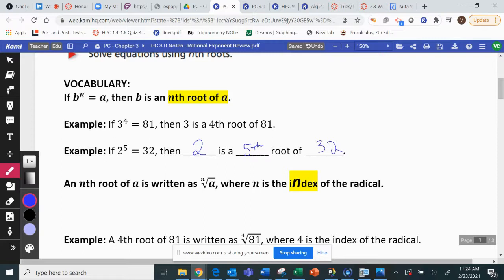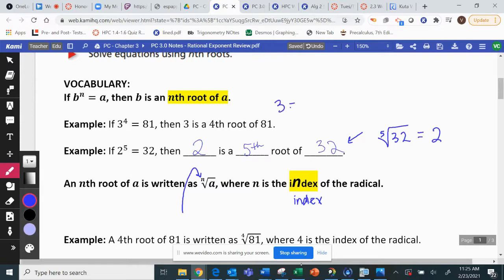An nth root of a is written as the nth root of a, where n is the index of the radical. So right over here, I could write that the fifth root of 32 is 2. 2 is a fifth root of 32.